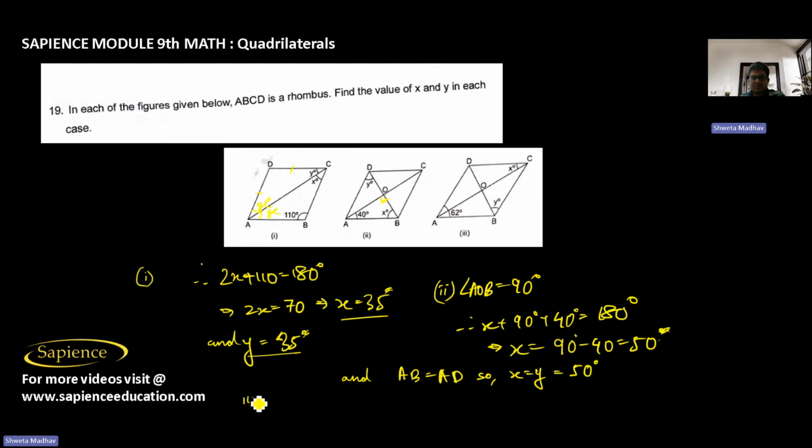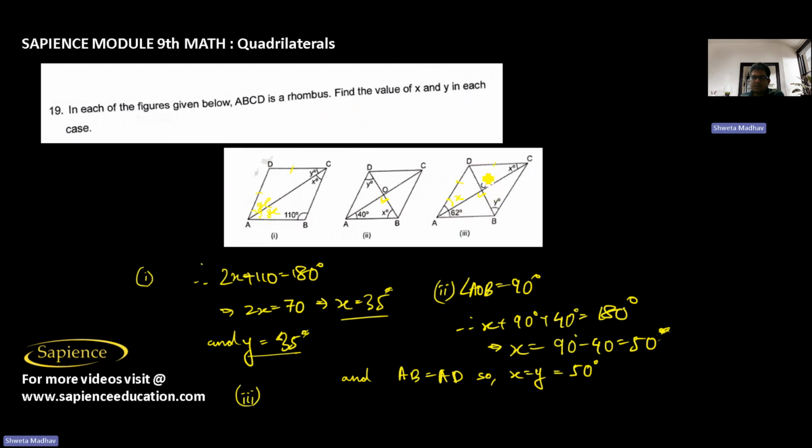Similarly, in the third one, this right angle, the diagonals bisect each other, and these two sides are the same, so this is also x.